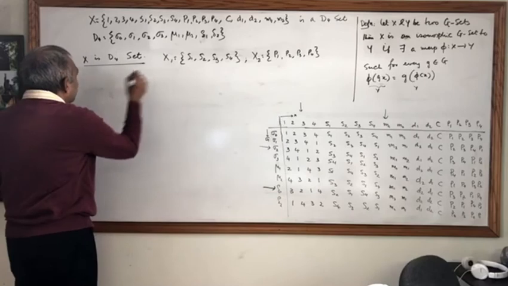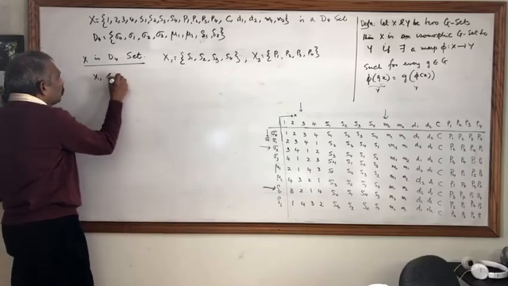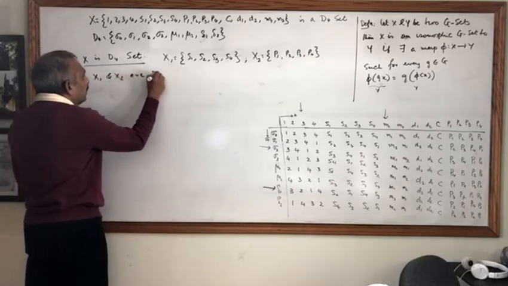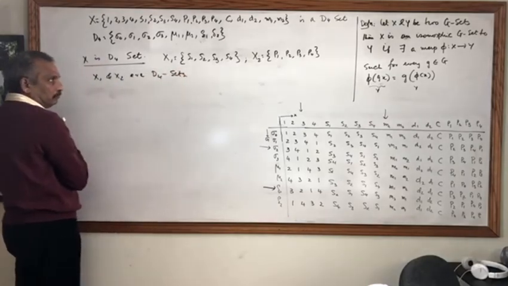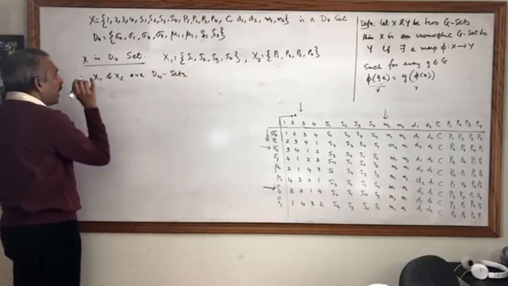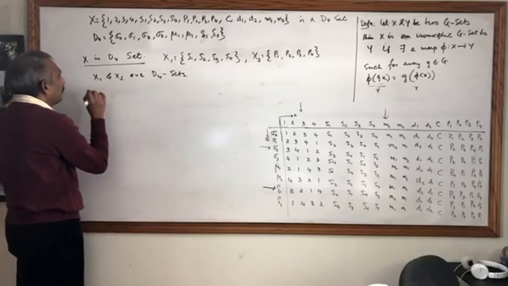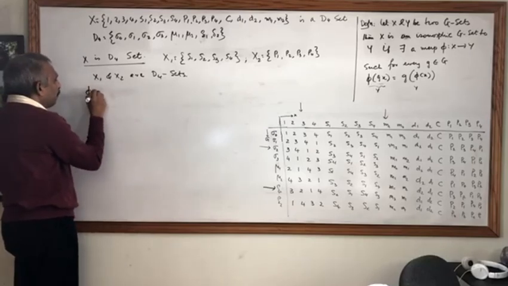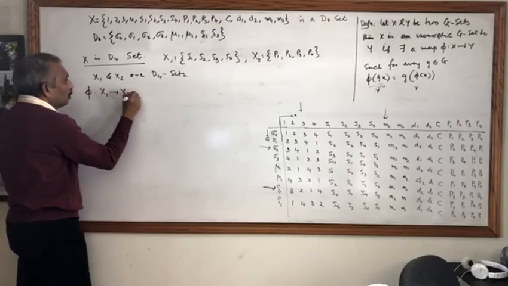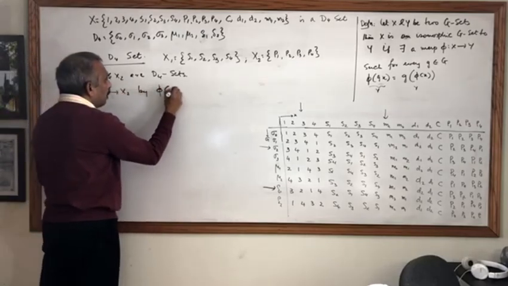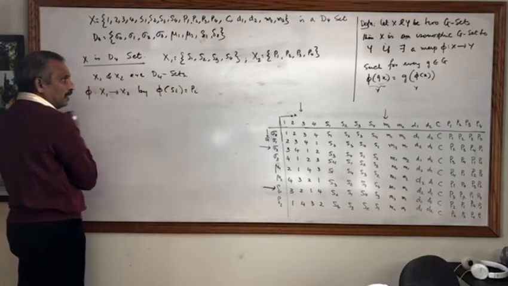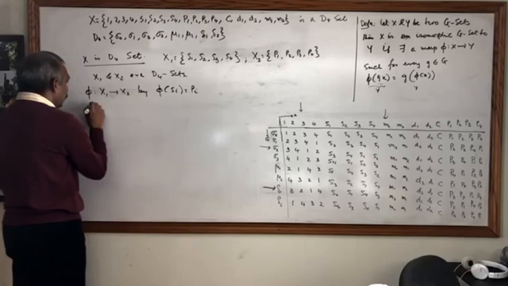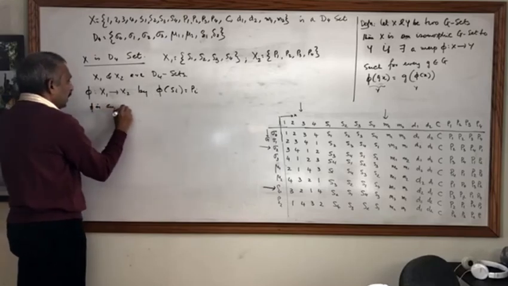Now we can see that X1 and X2 are D4 sets. If you define a map phi from X1 to X2 by phi of Si is equal to Pi, it's easy to show that phi is an isomorphism.